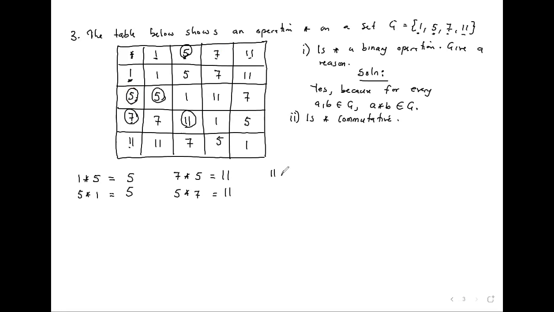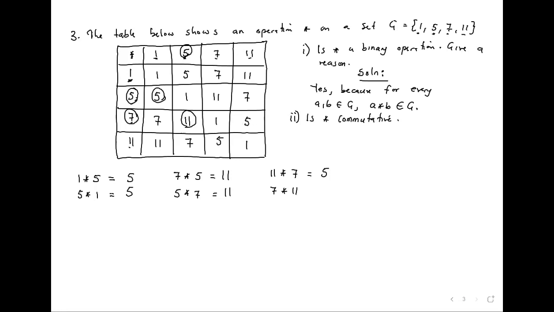What about 11 star 7 and 7 star 11? 11 star 7 is 5. What about 7 star 11? We're still getting 5.